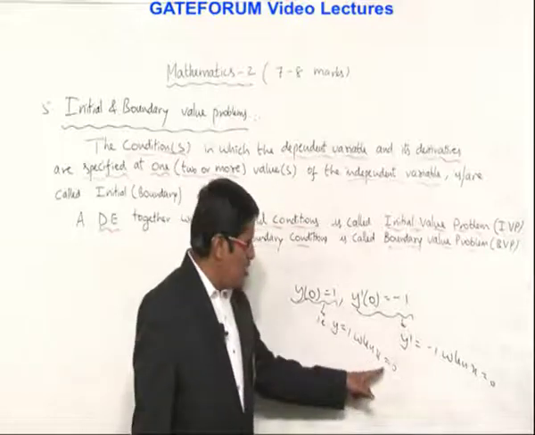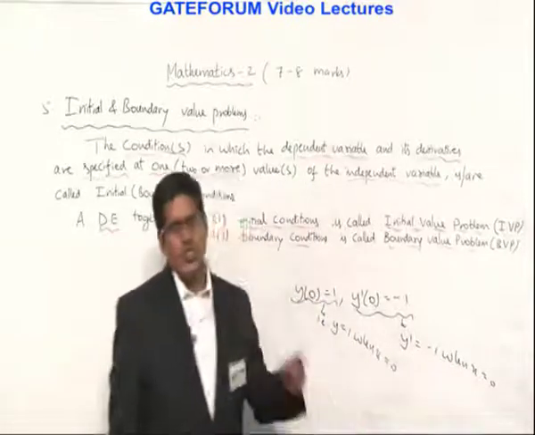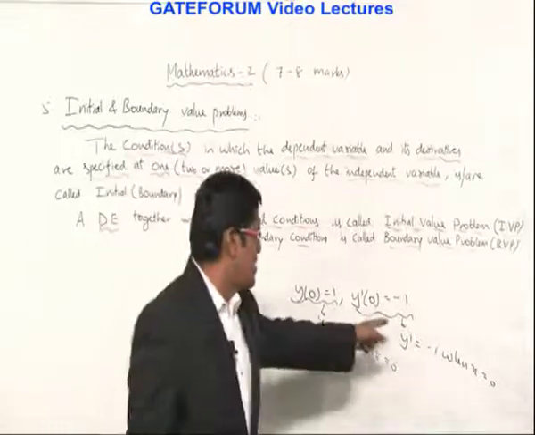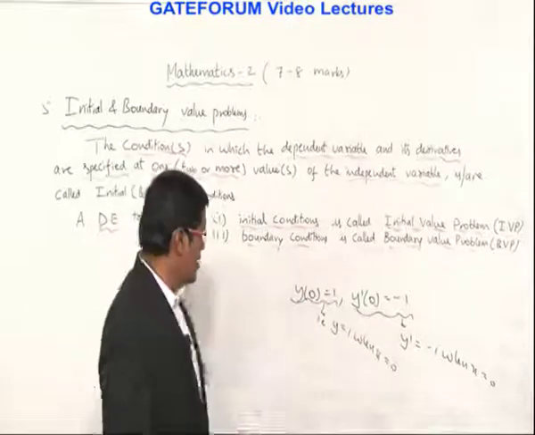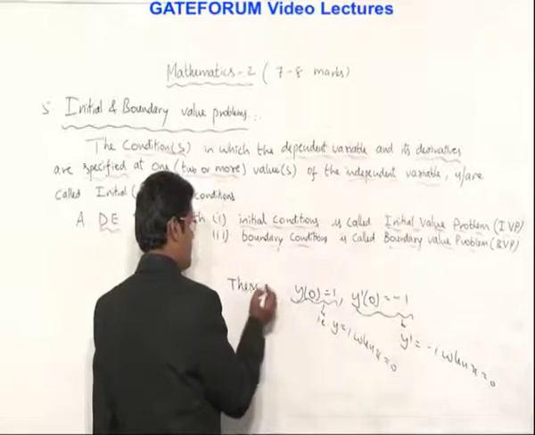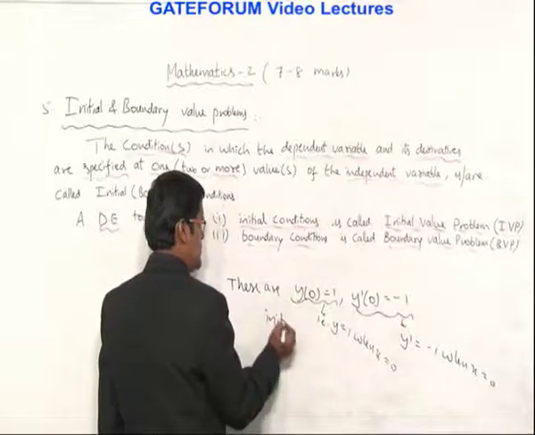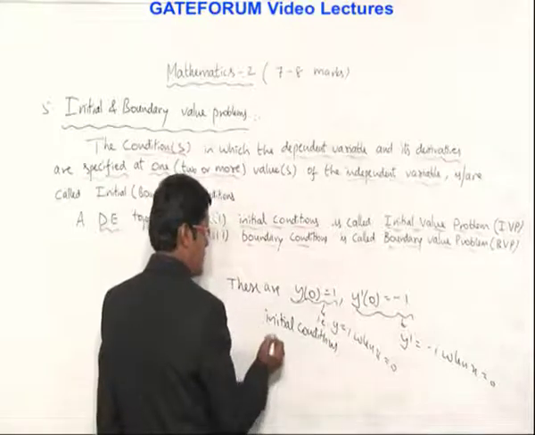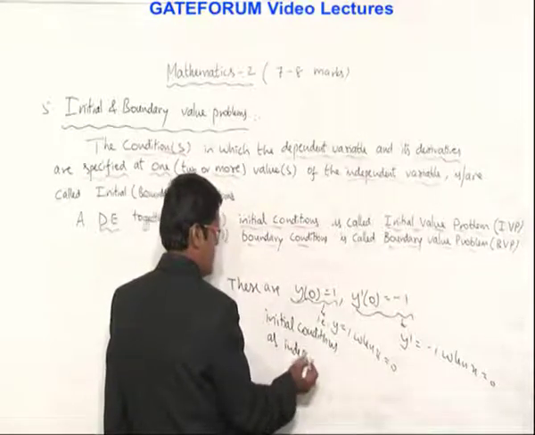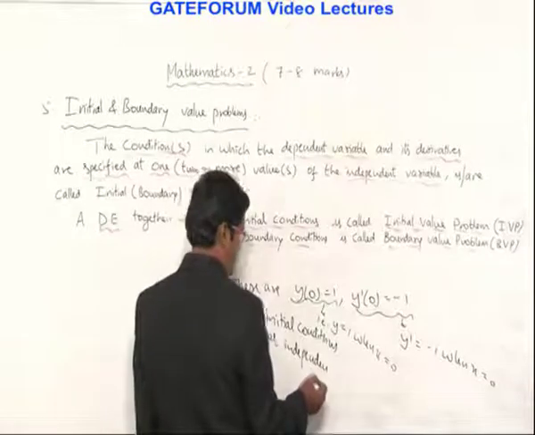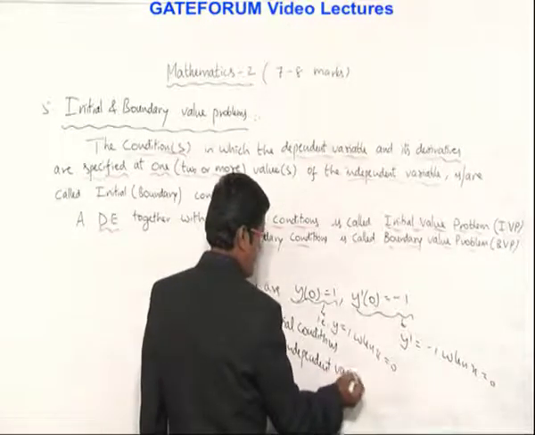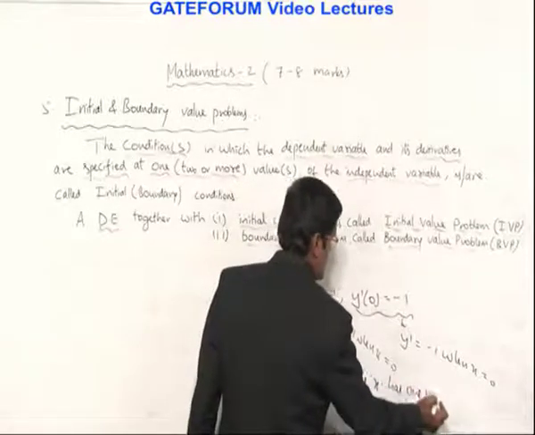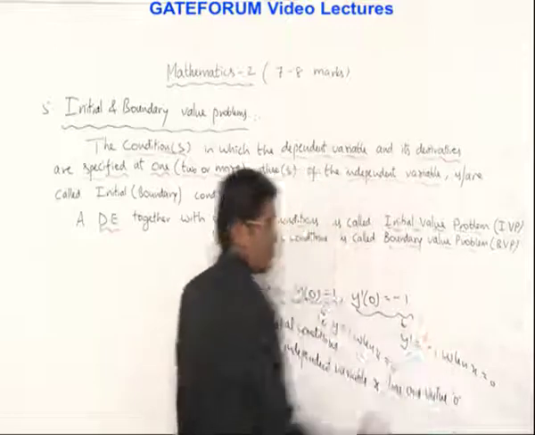So here x value 0, x value 0. So x has how many values? Only one value, namely 0. These types of conditions are called initial conditions, as the independent variable x has one value 0.